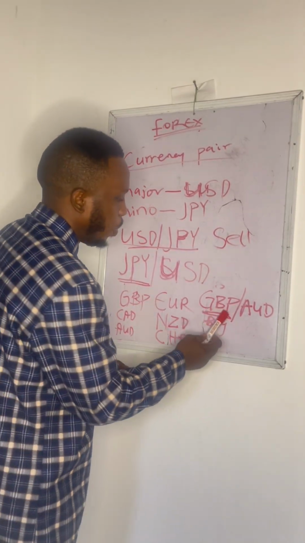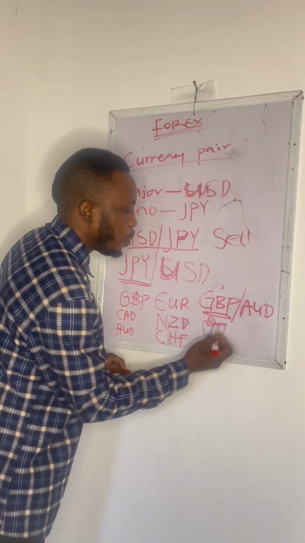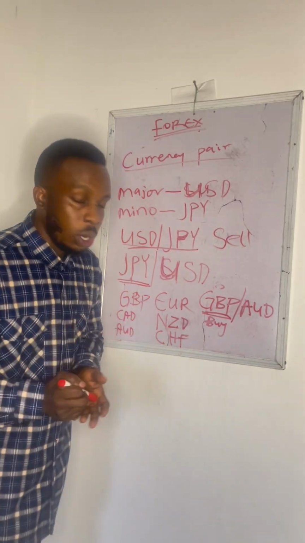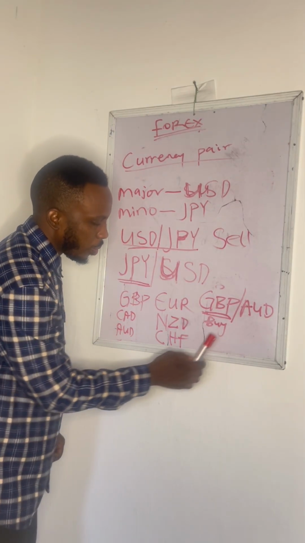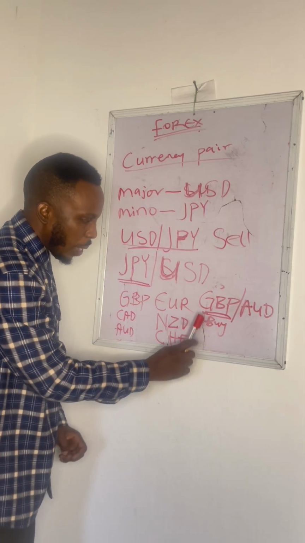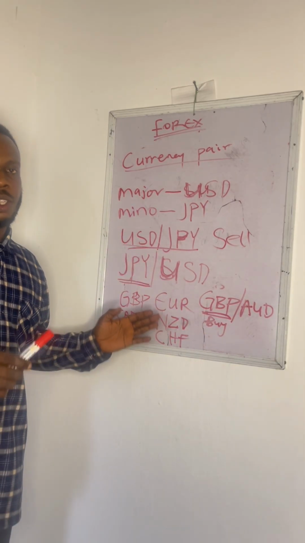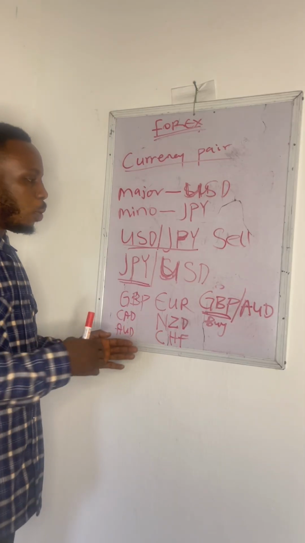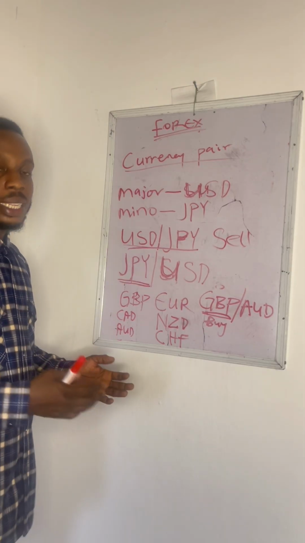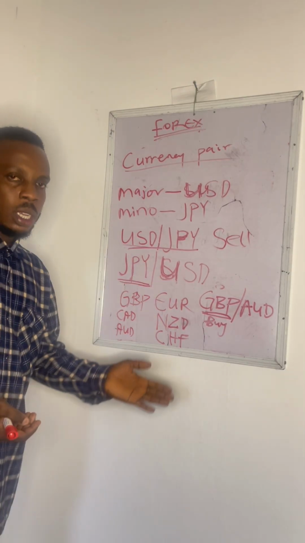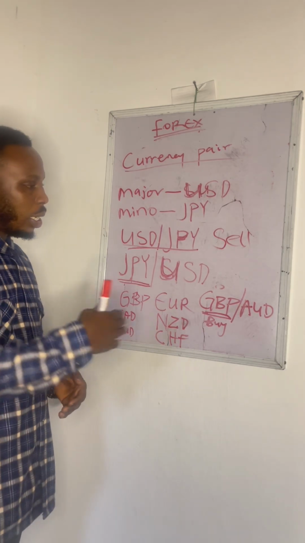Okay, this is GBP. GBP here is buying against Australian dollar. So if GBP is buying against Australian dollar, we have to buy then. Remember, the one at the left is the major country pair, while the one at the right, sorry, is the lesser country pair. The one at the left is the major country pair, right?